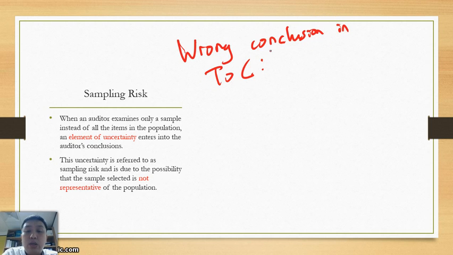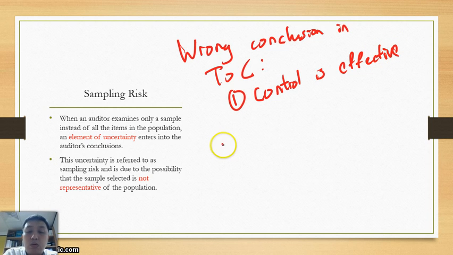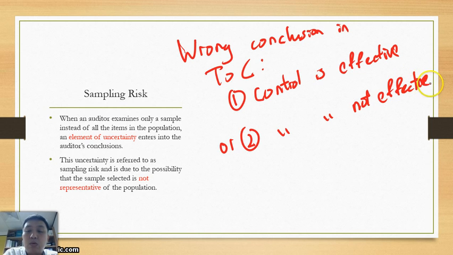This wrong conclusion can be either... So the wrong conclusion in test of control could be either the control is effective or the control is not effective, when in actual fact it is the opposite.